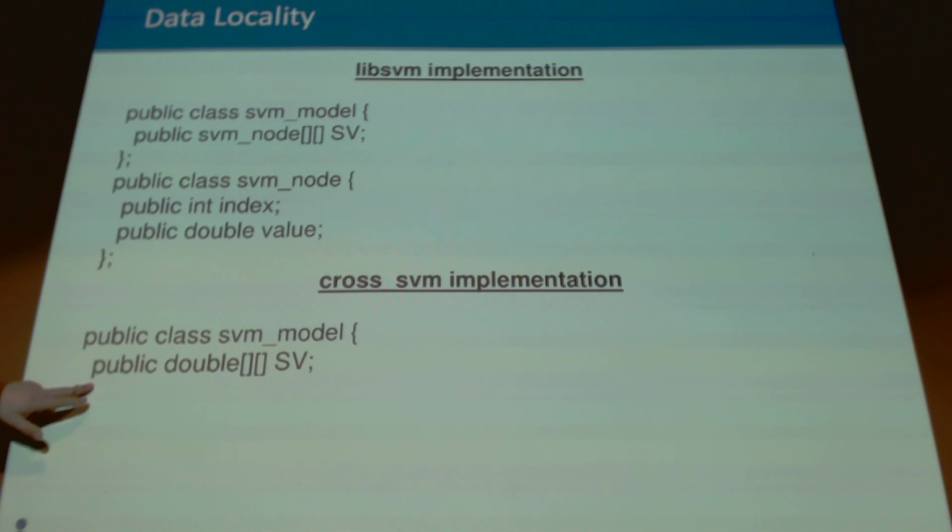Also, by storing data this way, we reduce memory, so we can fit a lot more data, because we lose the overhead of the class. This way of storing the data saves us maybe 30 to 40%, so you can put in an even bigger data set. And this feature added, on average, a 2 times speed improvement just by having this data locality. So even if you don't do cross-validation, you're going to get a benefit if you use this feature.